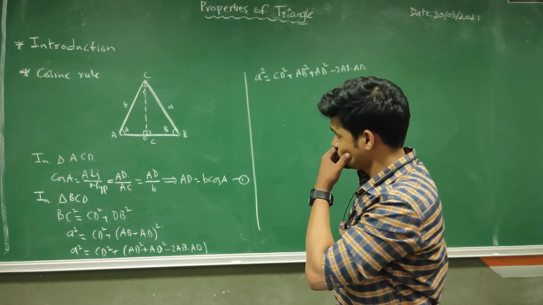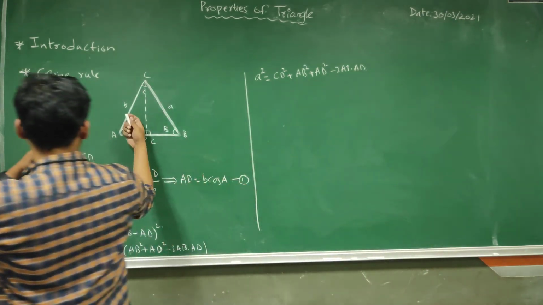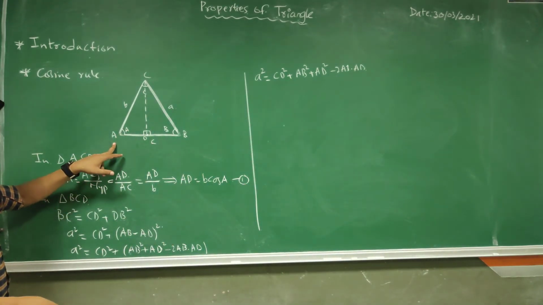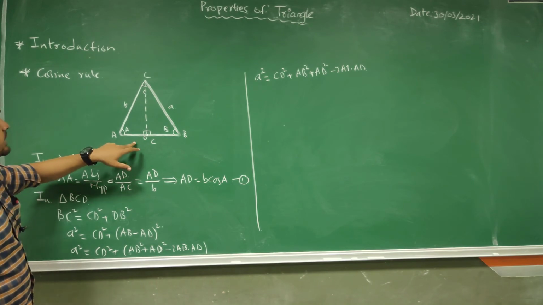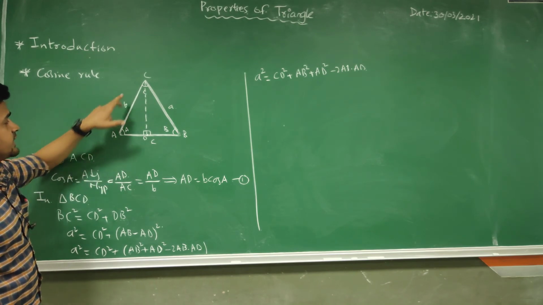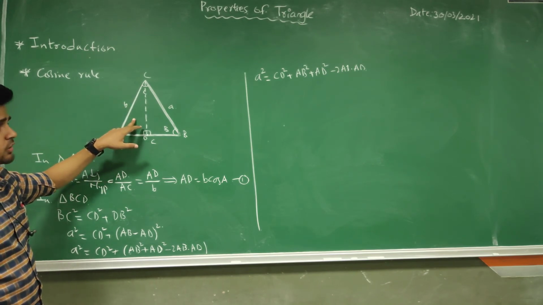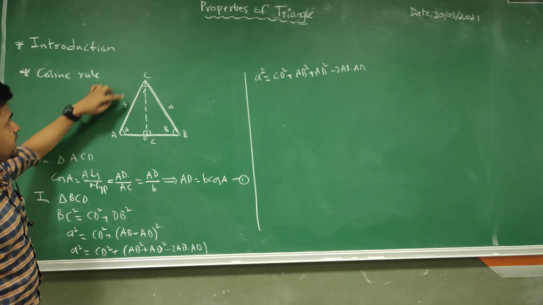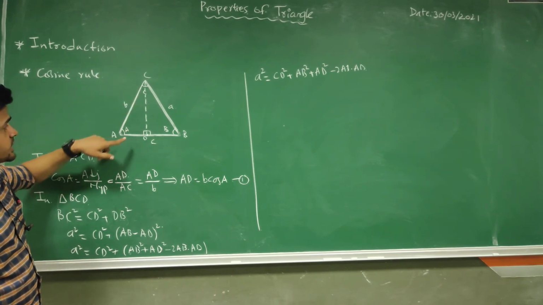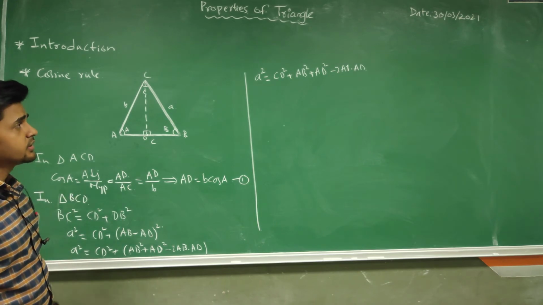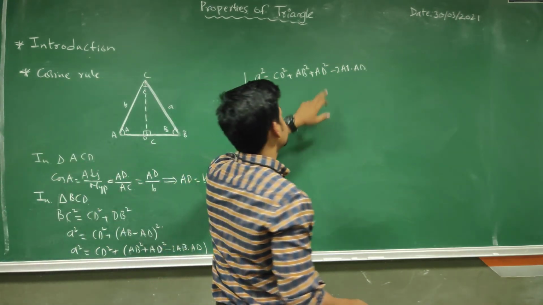Okay, so just see in this triangle, the first right angle triangle, we have AD, CD and AC. So if I apply Pythagoras theorem here, AC square will be CD square plus AD square.